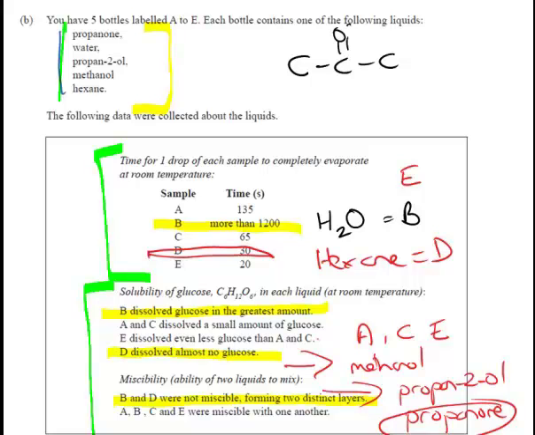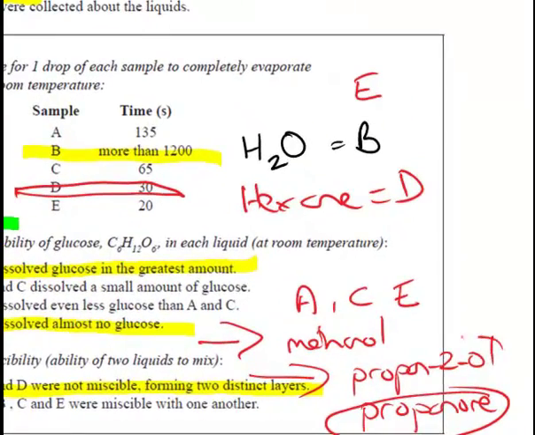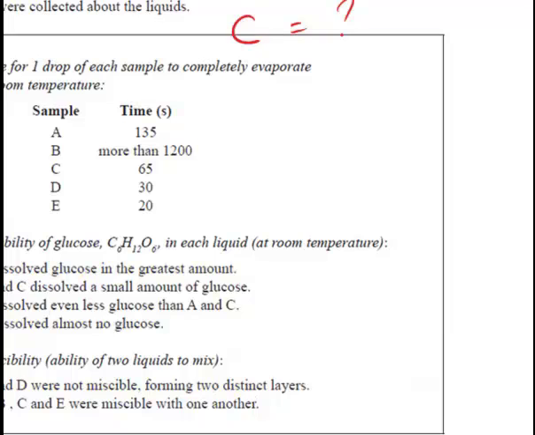So we've found propanone, and that leaves us really to differentiate between propanol and methanol. Now if we consider A and C, methanol and propanol, we've got a primary alcohol and a secondary alcohol, but that's really not that significant. We're told fairly similar information here, that they dissolve a small amount of glucose.